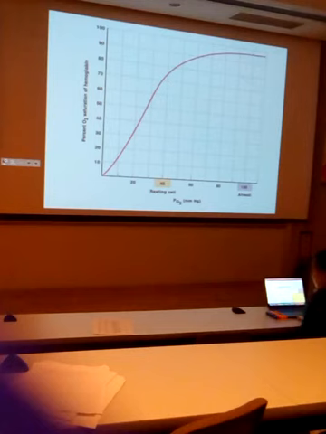All right. It's because of the cooperative binding that oxygen exhibits. And again, as the partial pressure of oxygen gets higher, hemoglobin has an easier time binding it. So when the partial pressure of oxygen is 100 millimeters of mercury, as it is at the alveolar capillaries, hemoglobin is almost fully saturated.